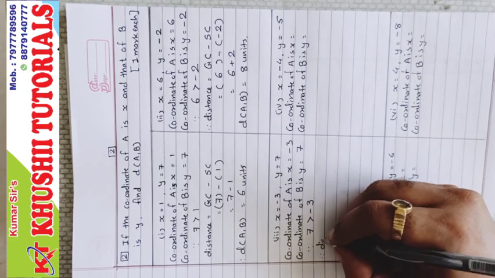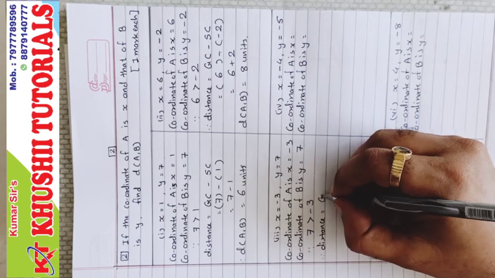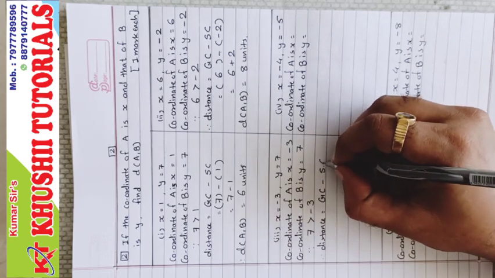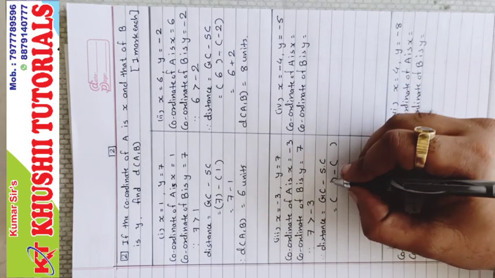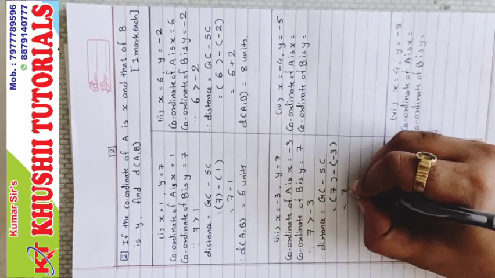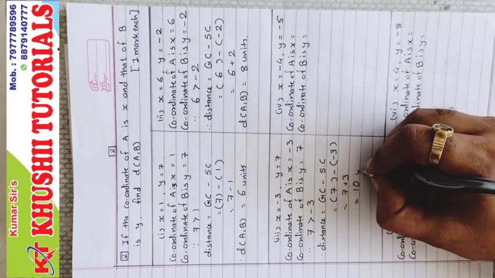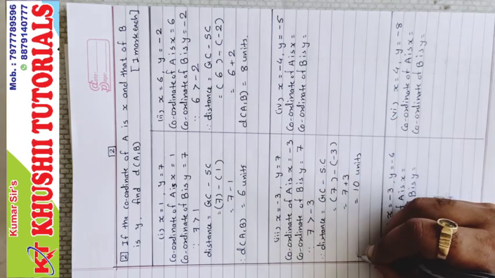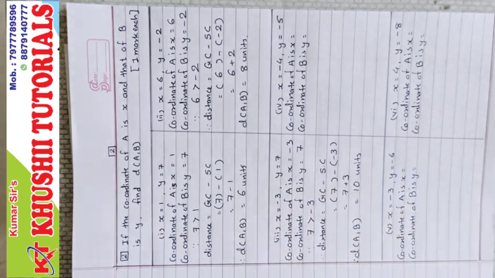Therefore distance formula, now you must be knowing the distance formula, greater coordinate minus smaller coordinate, bracket minus bracket. Greater coordinate is 7, smaller coordinate is minus 3. So 7 plus 3 and 7 plus 3 is 10. 10 what? 10 units. So distance A comma B equal to 10 units.